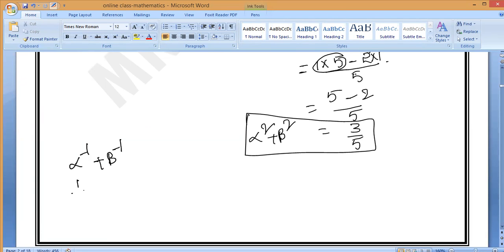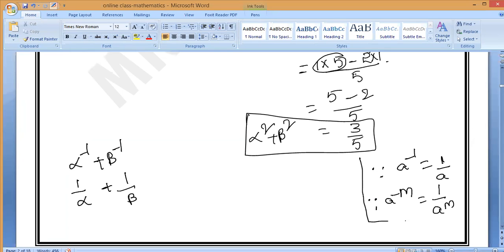It is 1 by alpha plus 1 by beta. Correct? Yes, ma'am. a power minus m is equal to 1 by a power m. Do you know this one? Yes, ma'am. Okay.